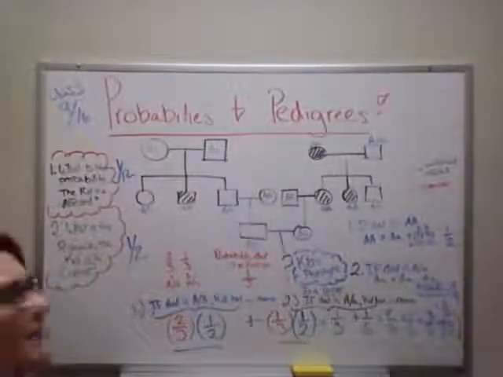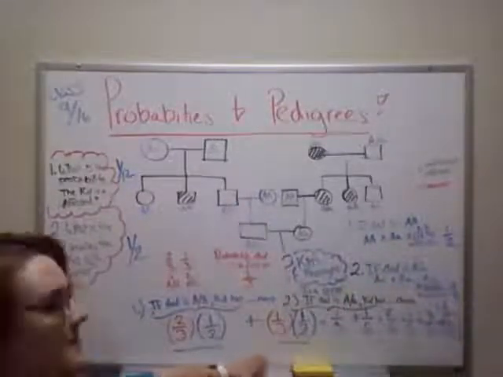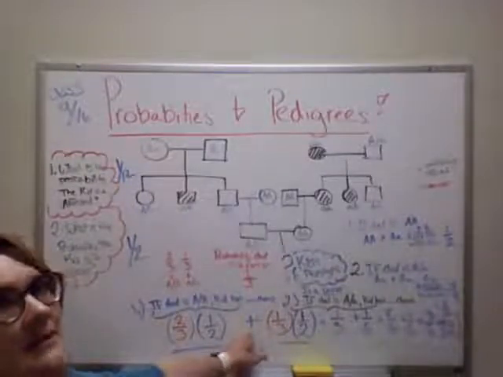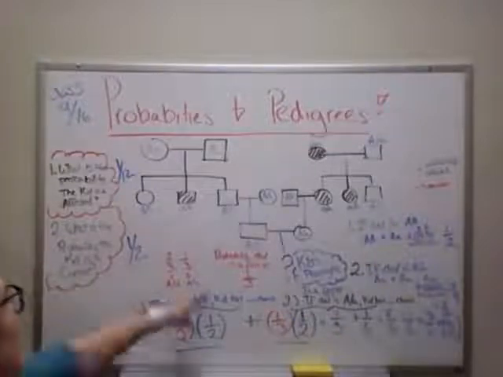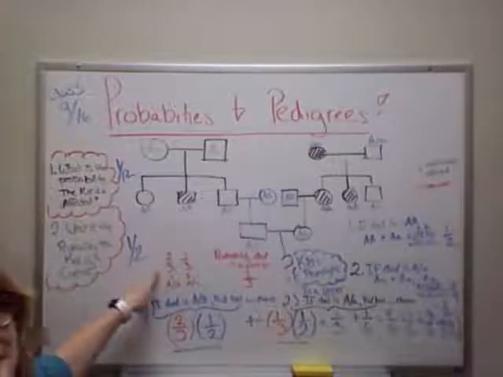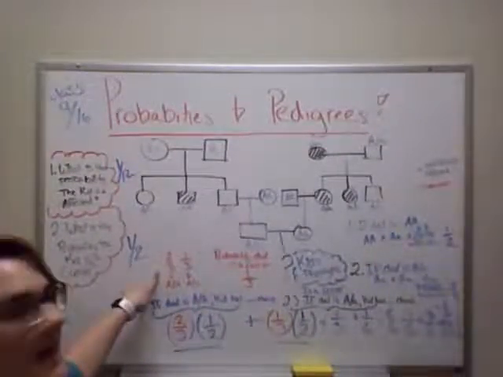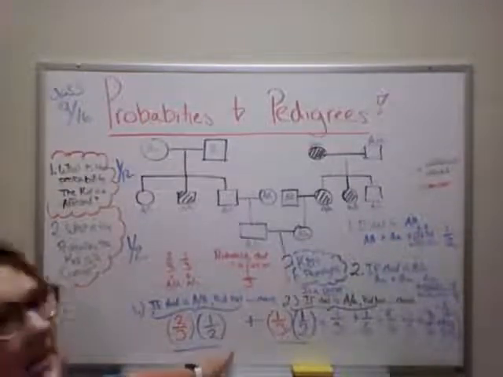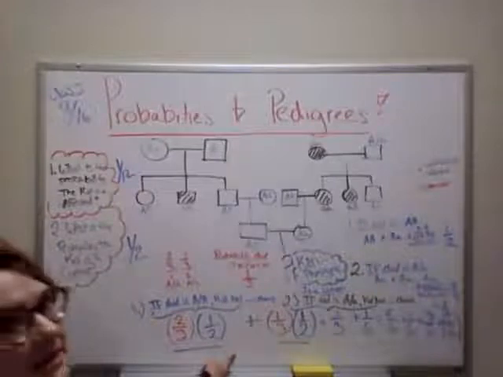So there's only 2 possibilities out of 4 possibilities that the kid is heterozygous. So you get 2/4 or 1/2. You go back down to your problem here, treating it like 2 different events, which means we add them together. We do not multiply, which is the mistake I made before. Dad is AA. We know that he has a 2/3 chance of being AA, double big A's, and then the kid has a half chance of being a carrier.